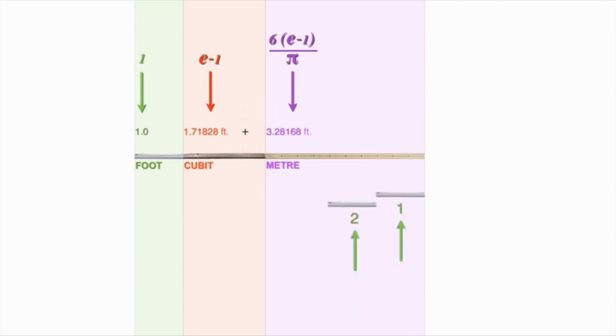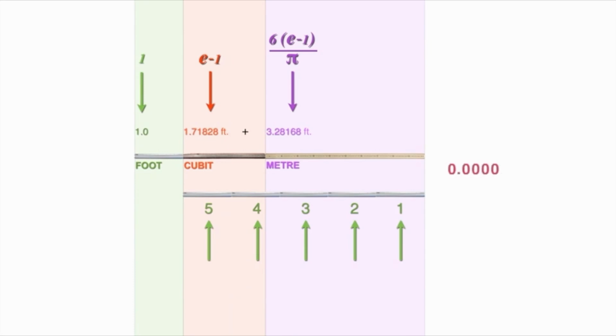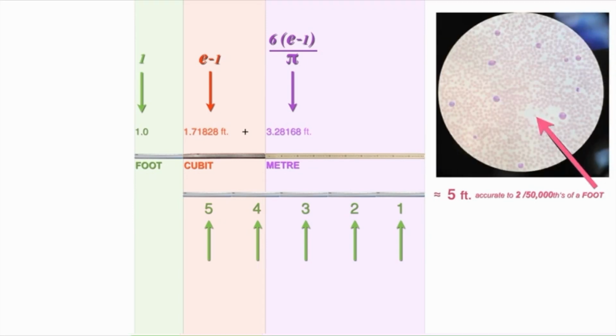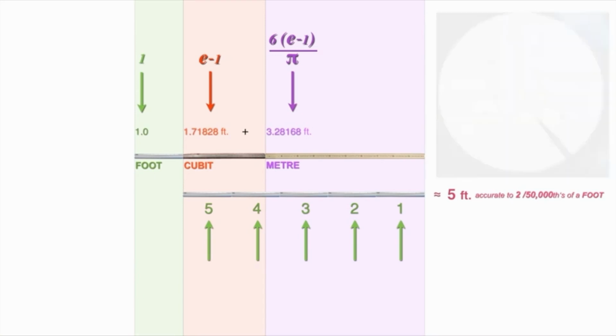Cubit plus meter is exactly 5 feet, all but for a minuscule 0.00004 feet. That's to an incredible accuracy of 2/50,000th of a foot. To put that into perspective, it's roughly the size of a human red blood cell. And of course that means that all three combined is 6 feet.